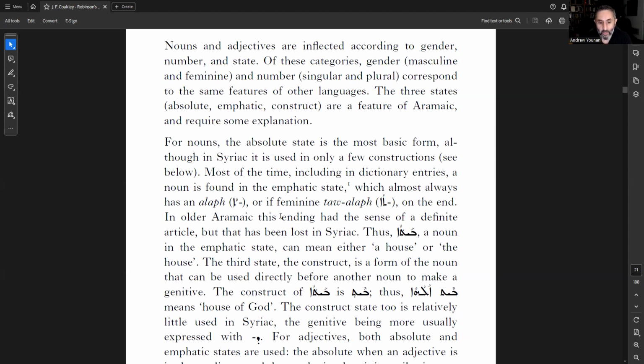In older Aramaic, this ending had the sense of a definite article, but that has been lost in Syriac. This is a very interesting sentence. So in older Aramaic, when there was a noun that ended in an a or a ta, that meant the. So Melik was king, Melka was the king in a very old Aramaic.